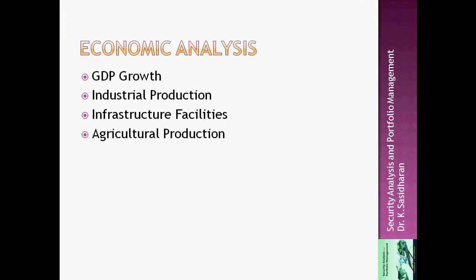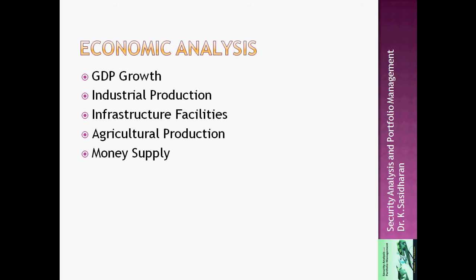Then, after monsoon and agricultural production, money supply is another factor. Money supply is an indicator of an economy's strength. As the money supply increases, the inflation also goes up.